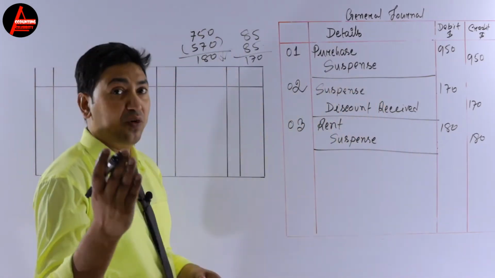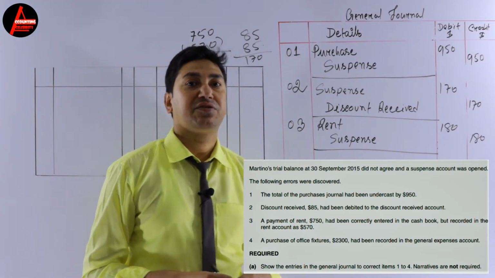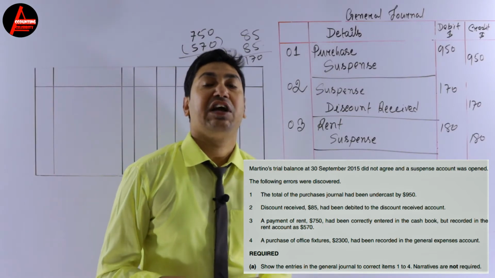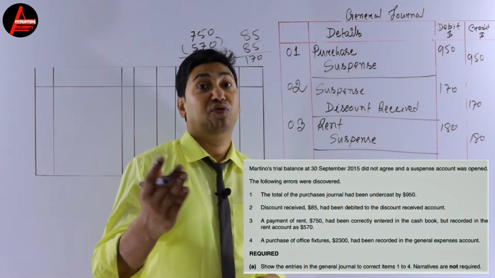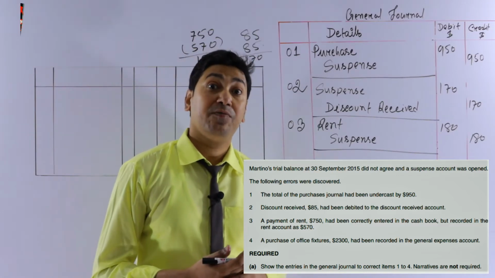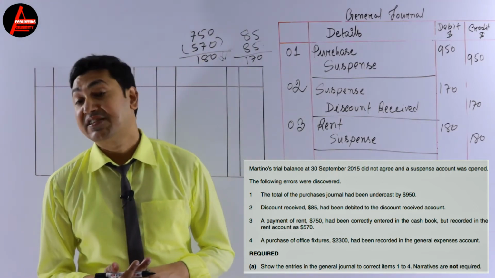Now number 4. What is there in the question? Look at that. A purchase of office fixtures $2,300 had been recorded in the general expenses. What type of error is it? It is an error of principle. By the way, there are 6 types of error.